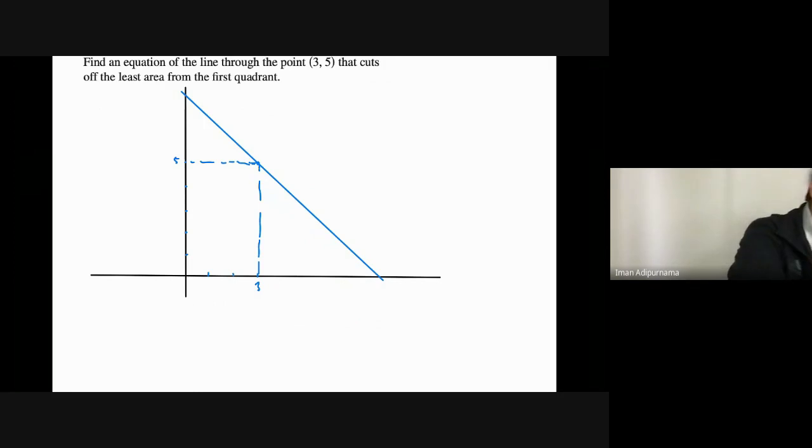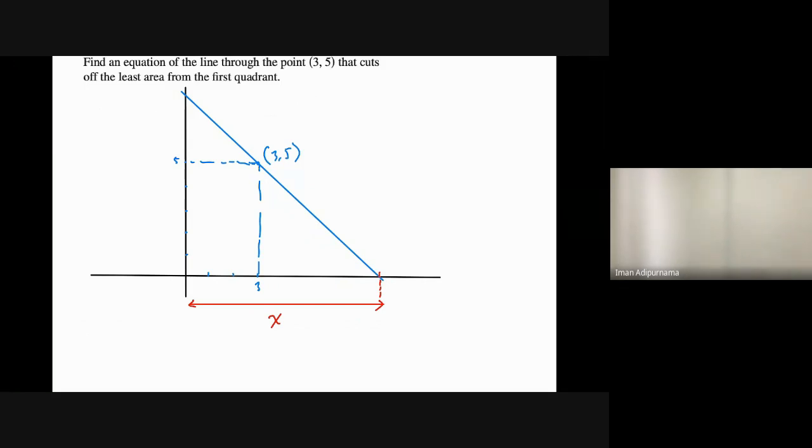So this will be the point 3, 5. And what will we do next? Let's take the subject here as our variable x that we need to find. So we need to find what this point here and this point here are, such that the area will be the minimum area.